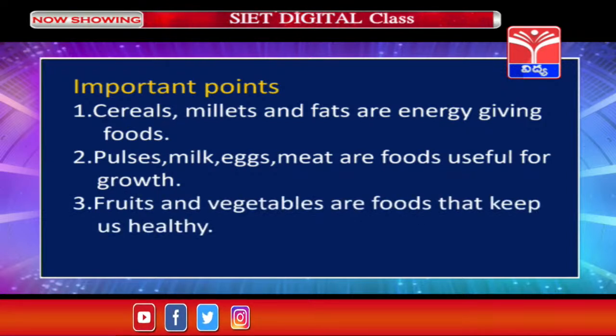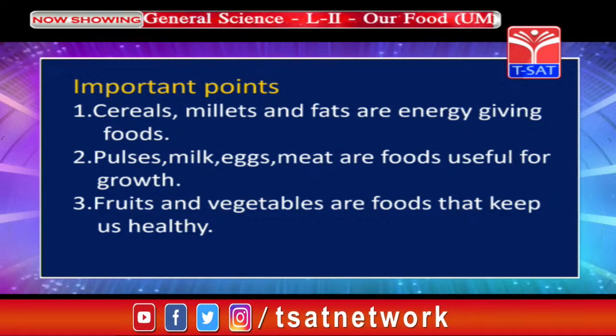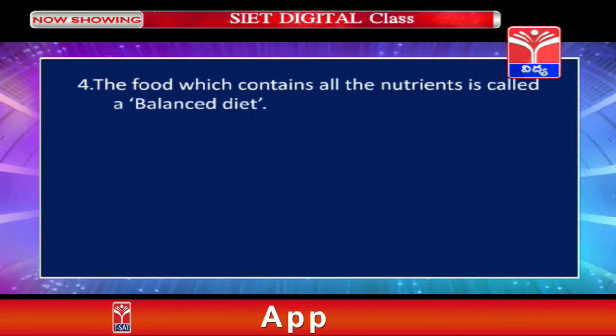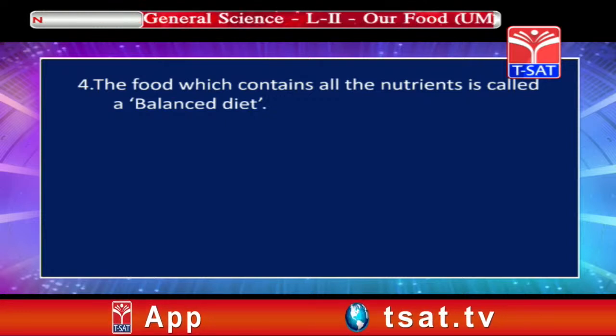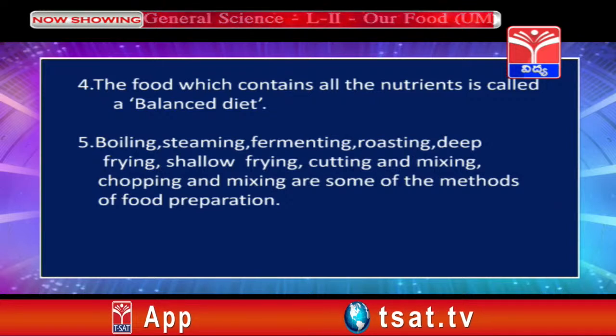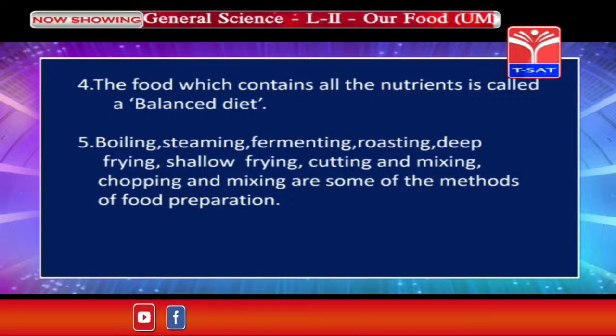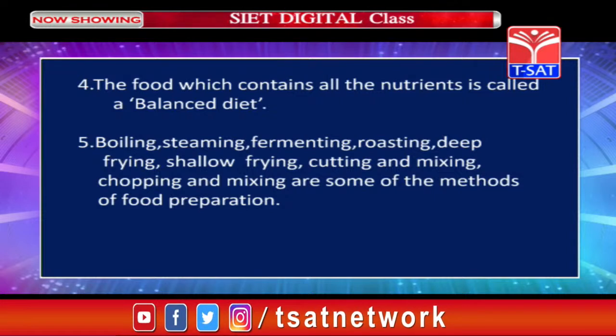Fruits and vegetables are foods that keep us healthy. The food which contains all the nutrients is called a balanced diet. Boiling, steaming, fermenting, roasting, deep frying, shallow frying, cutting and mixing, chopping and mixing are some of the methods of food preparation.